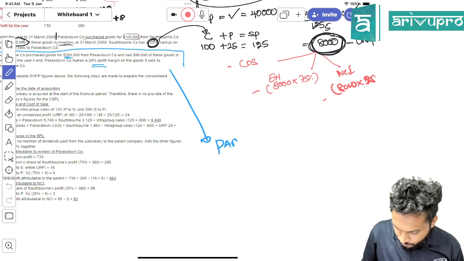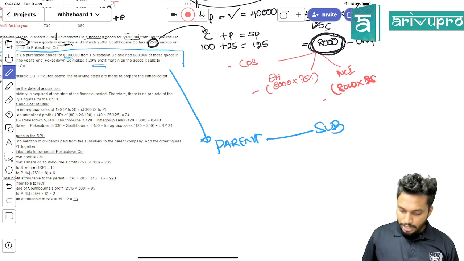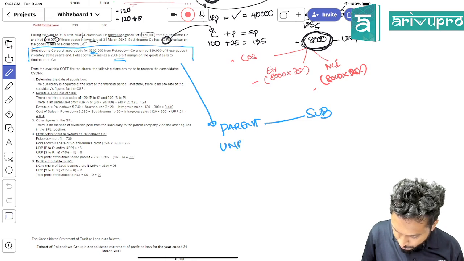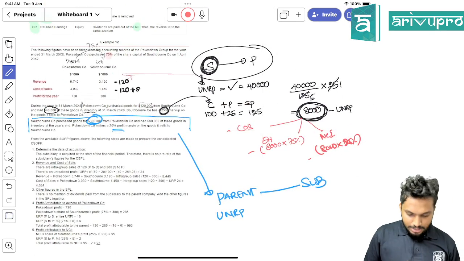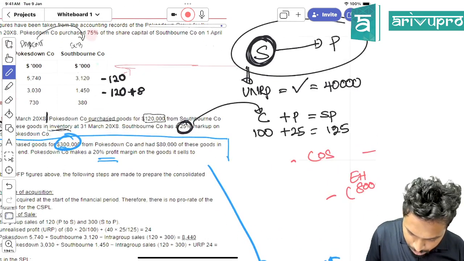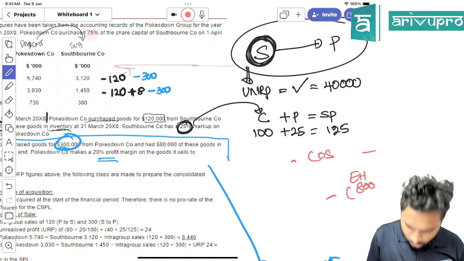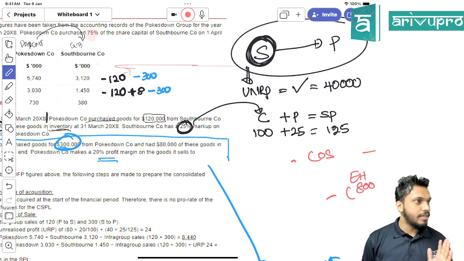Parent has sold goods to subsidiary. In this situation, do you have any unrealized profits? Yes. Anyways, this 300,000 needs to be adjusted, because it is an intra-group sale. I will reduce it from my revenue and from my cost of sales. Let's do that.